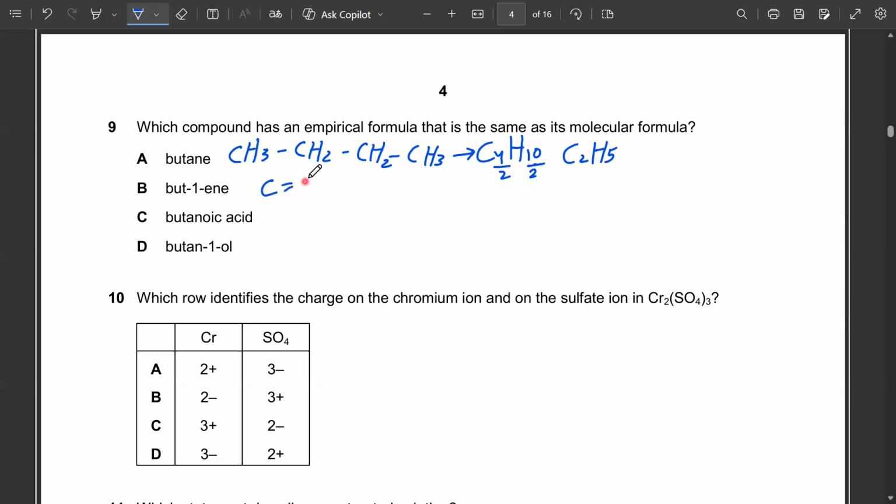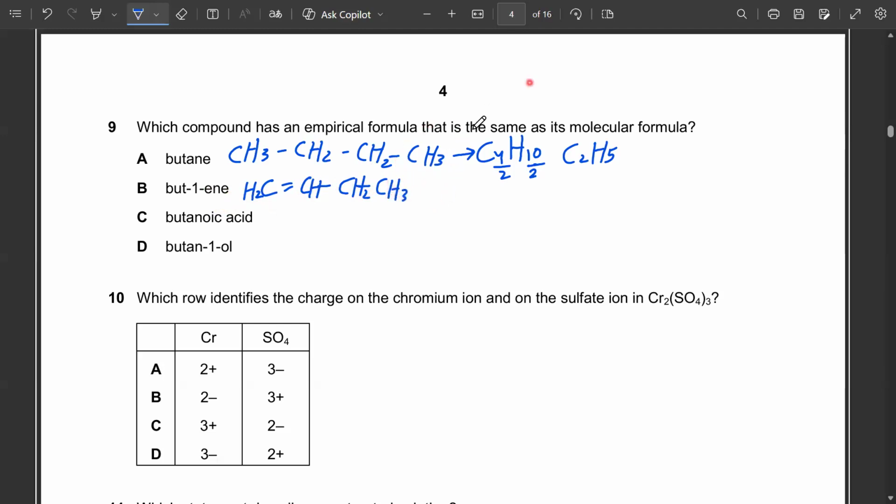So between carbon 1 and carbon 2 is a double bond, and then it continues with the single bonds. Now complete all the hydrogens. The terminal carbon of this side will have 2 hydrogen atoms, and then this carbon will have 1 hydrogen atom. This carbon will have 2 hydrogen atoms, and this carbon will have 3 hydrogen atoms.